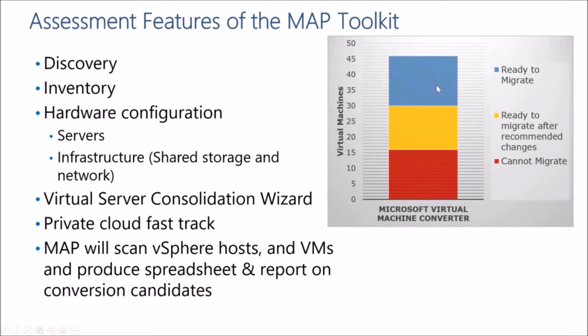It means those that were ready to migrate, we can just use that P2V, physical to virtual conversion, and just convert them from a physical server to a virtual server. These ones can be done after you do what it says, and these ones can't be done. What does that mean? It means maybe we just have to install a new virtual machine and migrate the data rather than try to convert the physical machines to virtual machines.